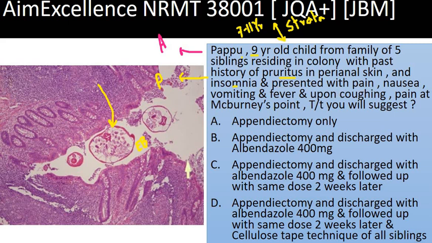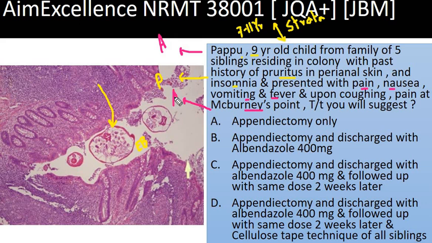Then there are the classical findings, like pain, nausea, vomiting and fever. Upon coughing, pain at McBurney's point, that is Dunphy sign. These are in consonance with the findings of appendicitis.